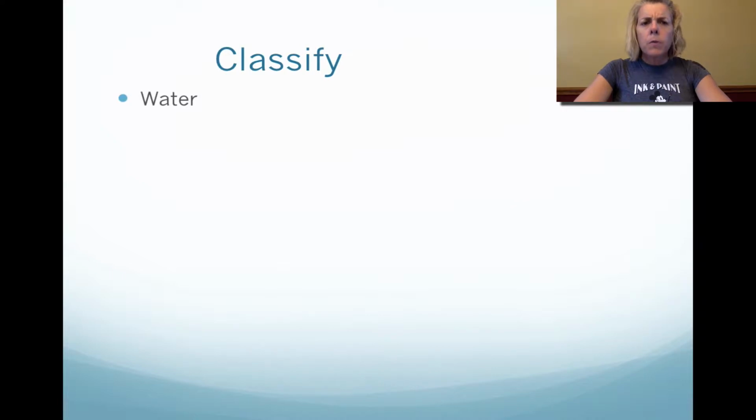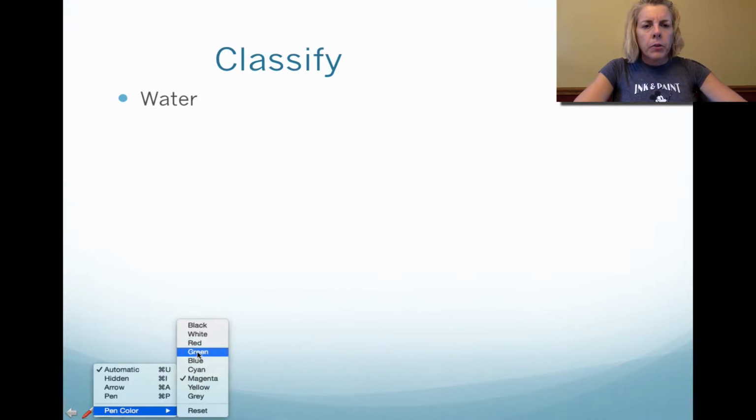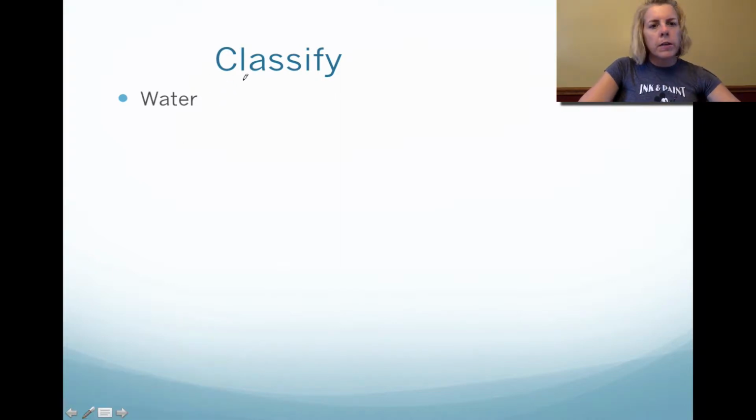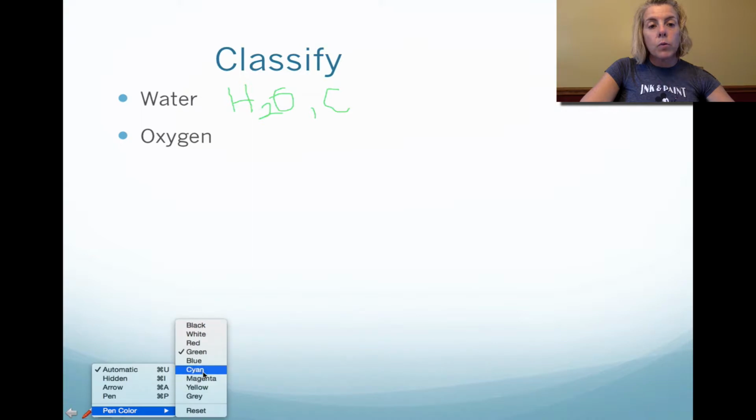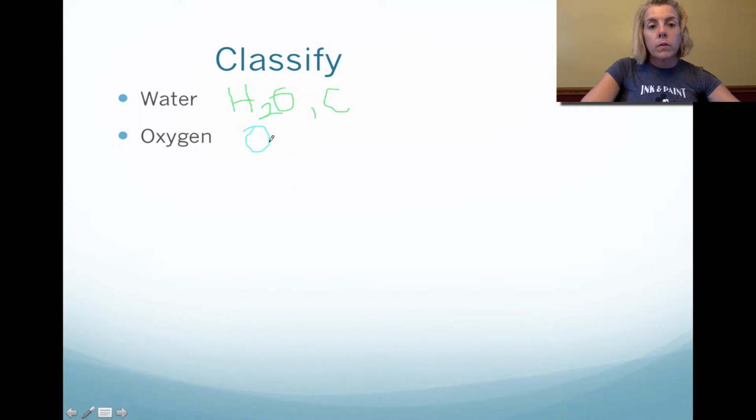Okay, so for instance, water. The question is, what type of material is it? An element or is it a compound? Now, please remember, water is H2O. So if it's H2O, it must be what? A compound. Okay, oxygen. Now, you have to be careful because oxygen is O2. Question is, is that an element or a compound?